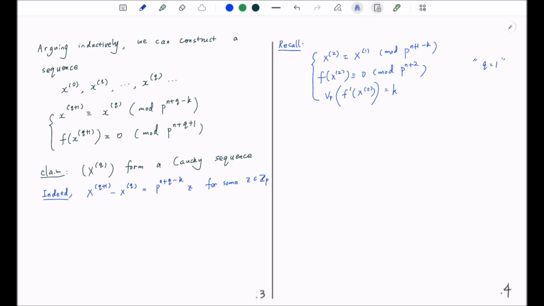And the distance between these two elements under the p-adic metric is e to the negative Vp of this difference.